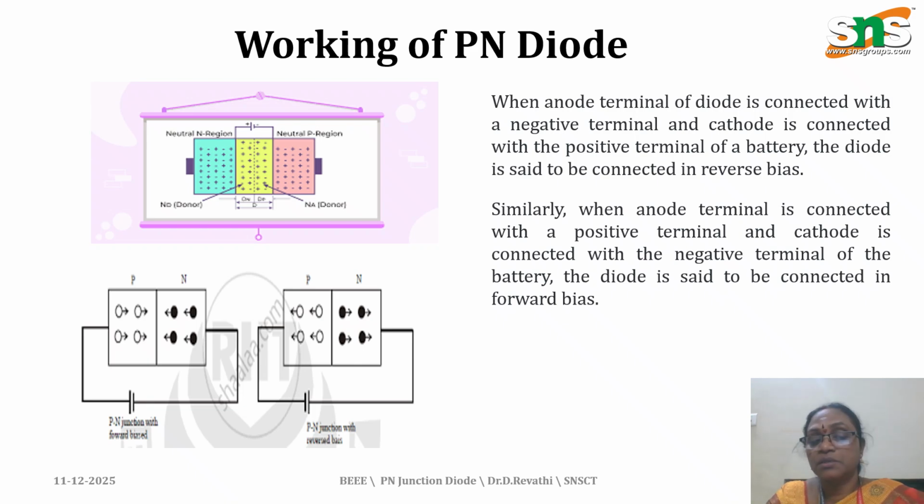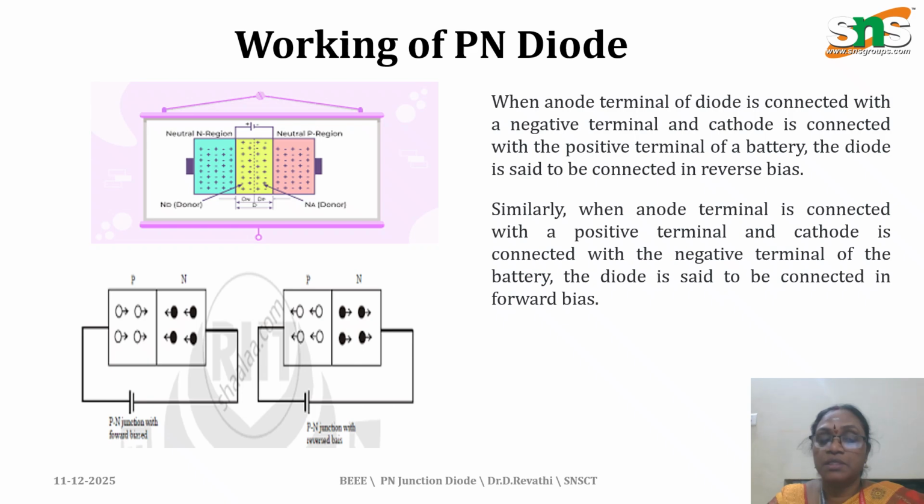If you increase the voltage, the current will increase. For example, if you apply 2 volt, the current will increase accordingly, and at 3 volt it will increase further in the forward bias. It will not happen in the reverse bias because the wider depletion region is available. If you apply more voltage, the minority carriers flow, that is, only a minimum amount of current flows in the reverse bias.